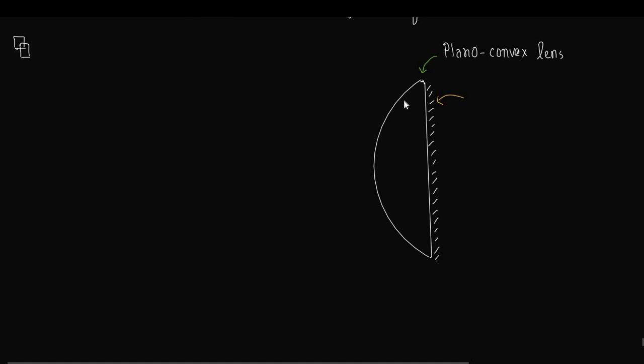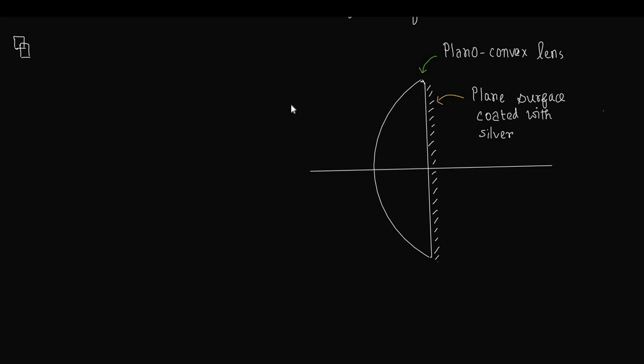This is the plane refracting surface of the plano-convex lens which is coated with silver, and this is the principal axis of the lens.